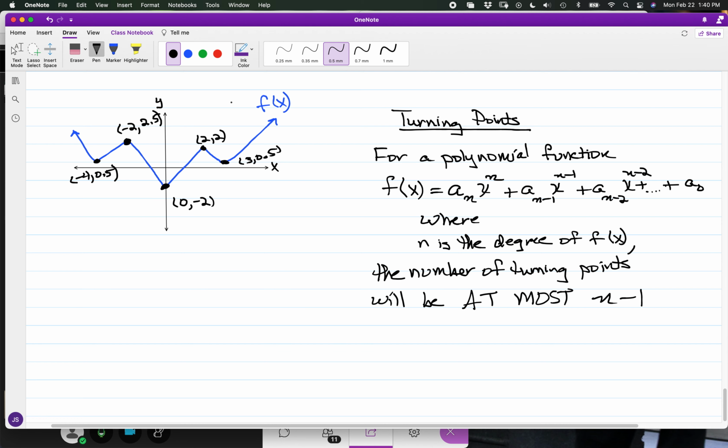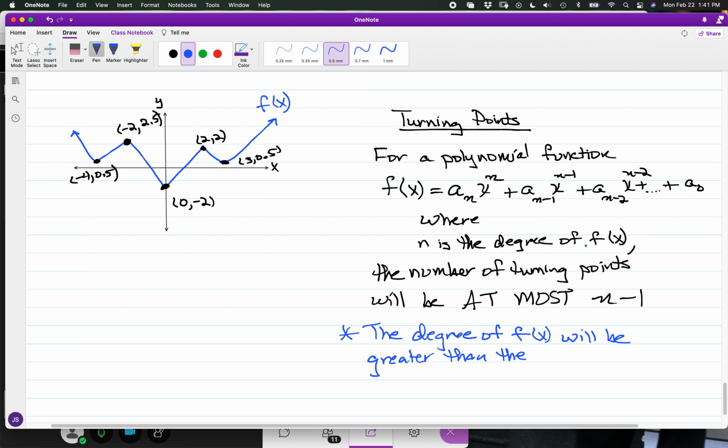Another way of phrasing this is that the degree of f of x will be greater than the number of turning points by at least 1.